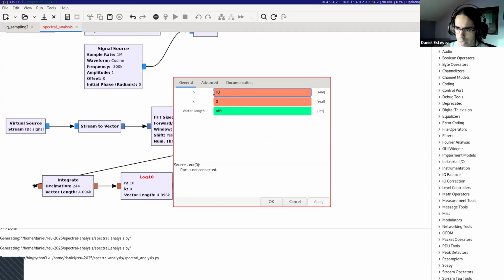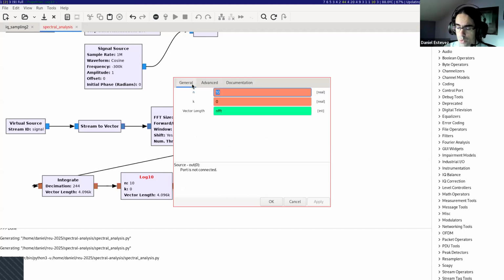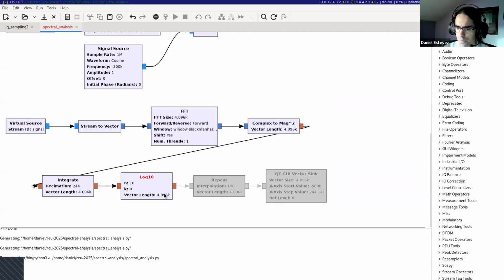And that is done by putting 10 here, logarithm 10. If we go to the documentation, it says this computes 10 or n times the logarithm 10 of the input plus a number k in case you want to adjust things by moving them up and down by a constant. But we do not need it, so 10 times the logarithm.